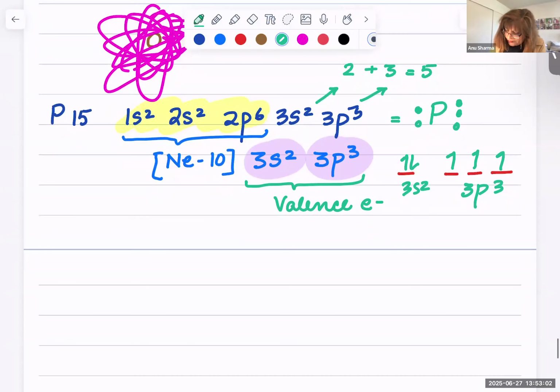Now if they say phosphide, P minus 3, how would you do it?